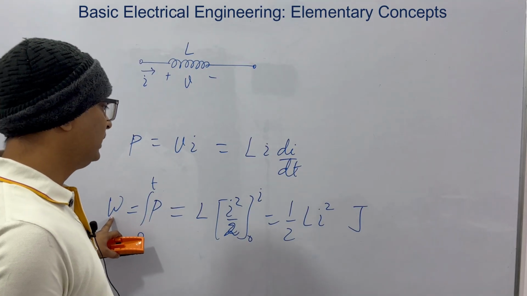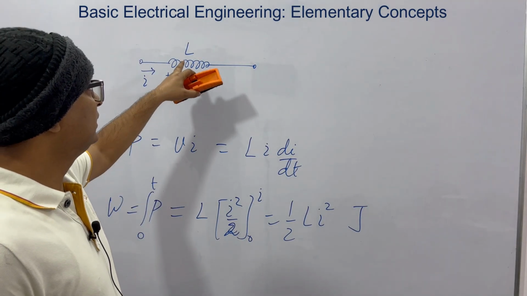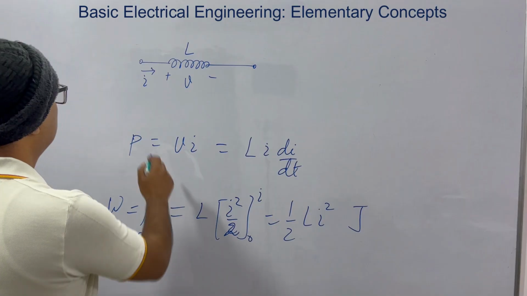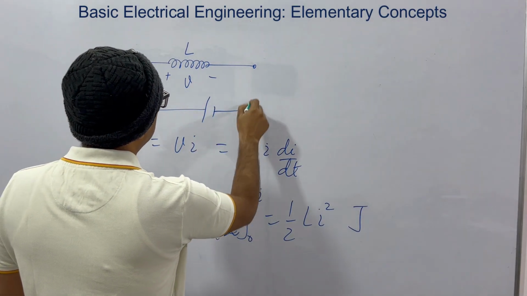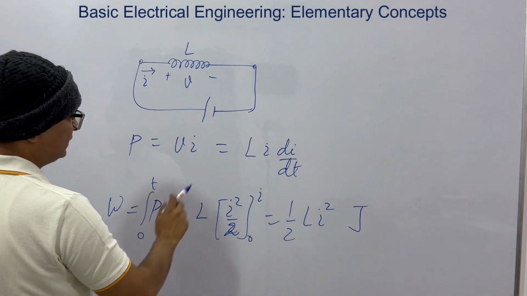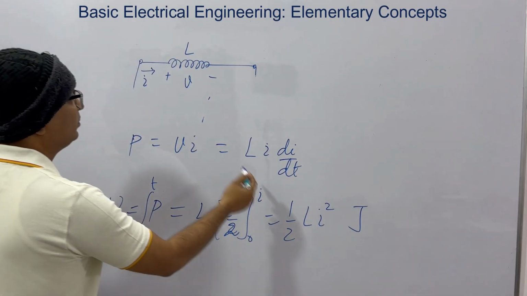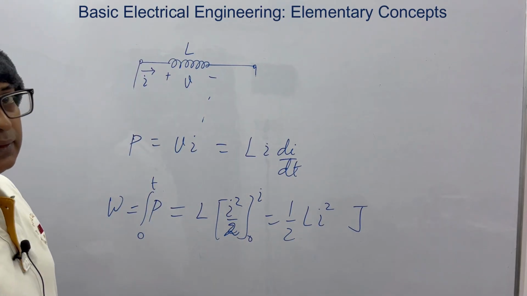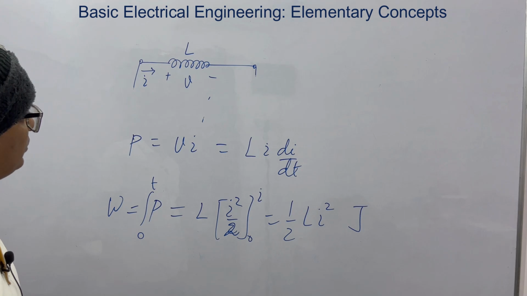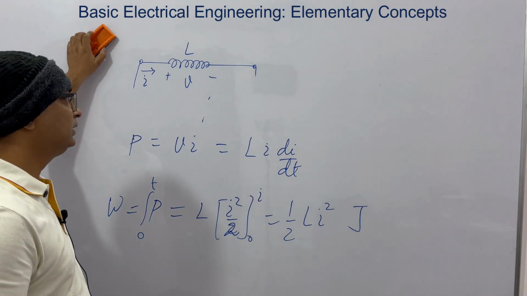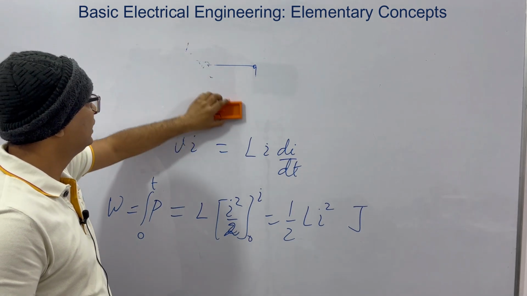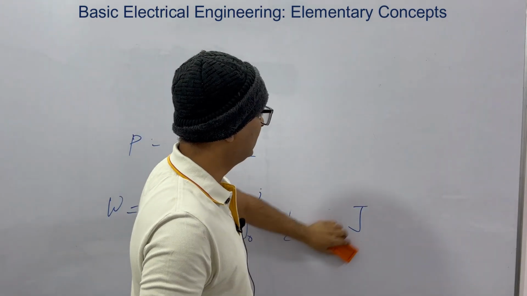So this is the energy that is stored in the inductor. Similar to this, if we apply V, this gets charged in time t, then you remove it, this energy will be stored in the inductor. Okay, clear? So we have seen the three circuit elements R, C and L.